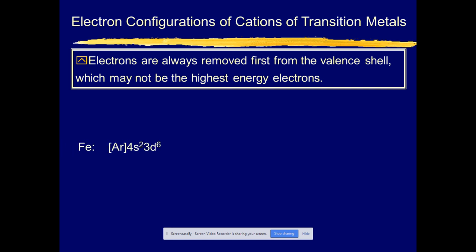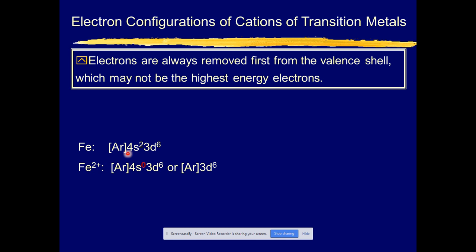So, for example, this is the electron configuration for iron, right? If we were to form a very common ion of iron, Fe2+, your instinct might be to take away these two electrons here and write 4s2 3d4. You have to fight your instinct on this because the outermost energy level here is not 3, it's actually 4.